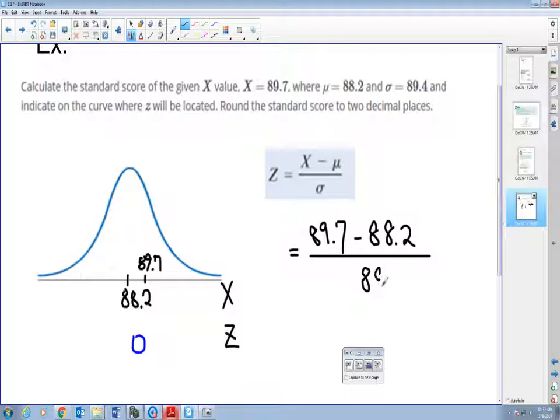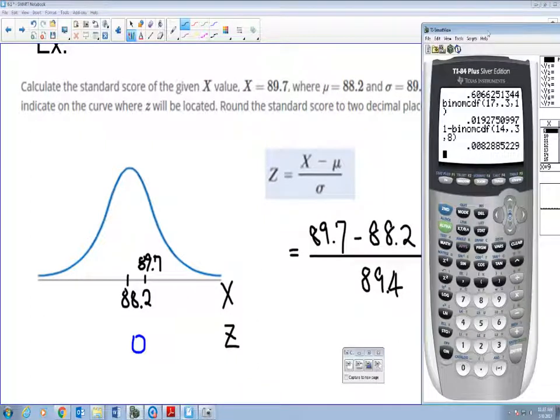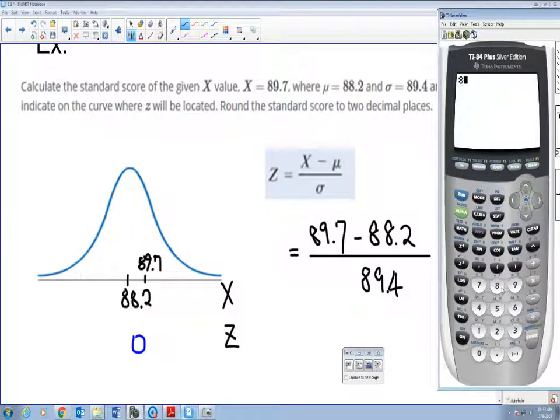So what we want to do is look at this 89.7, the x, in terms of how many standard deviations away from the mean. Okay, so if I subtract right now 89.7 minus the 88.2, this answer 1.5 means the 89.7 is 1.5 places to the right of my mean 88.2.